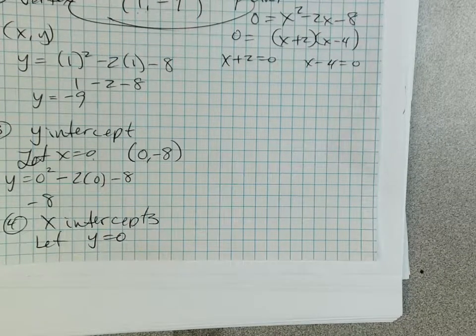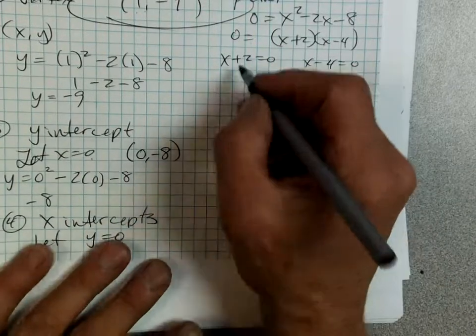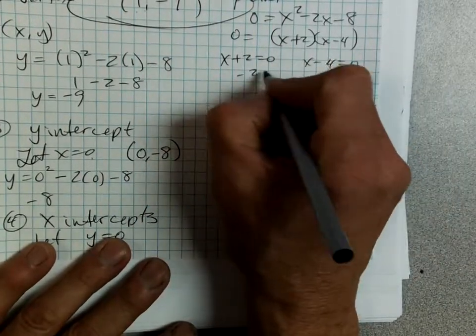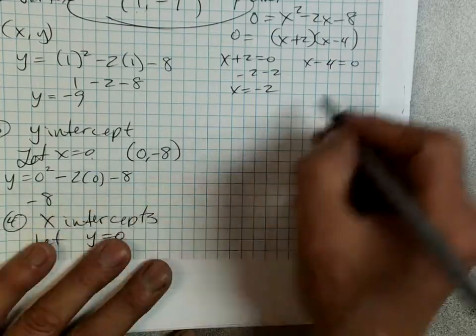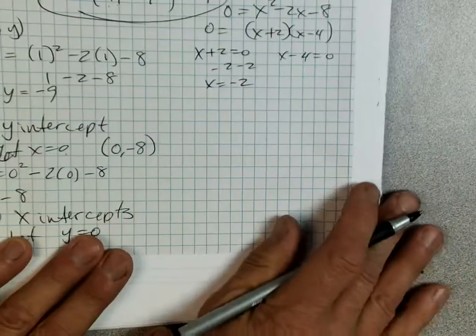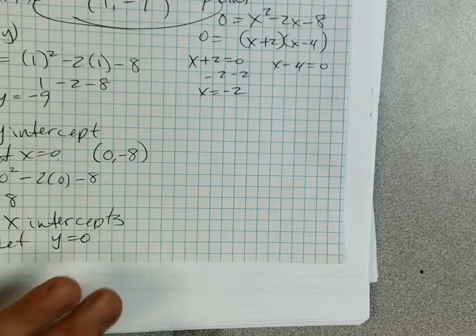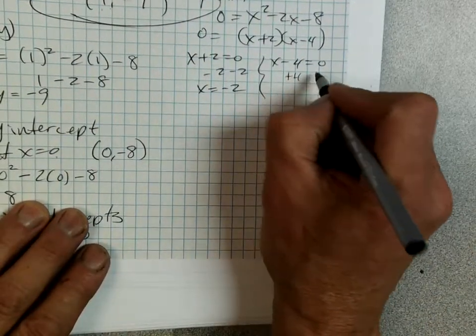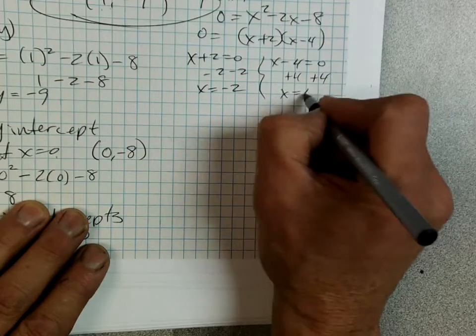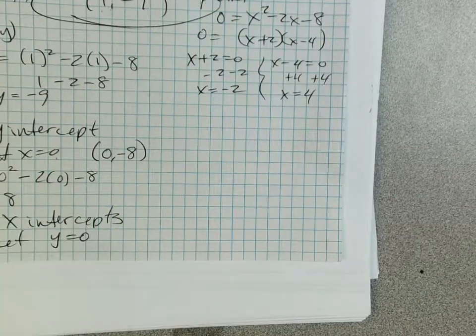So that's easy. Minus 2, x equals negative 2. Do you agree? And then my other little mini equation, plus 4, x equals 4. Those are our x-intercepts.